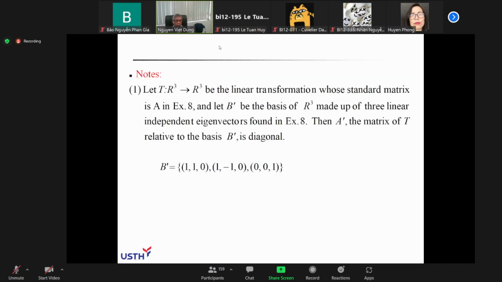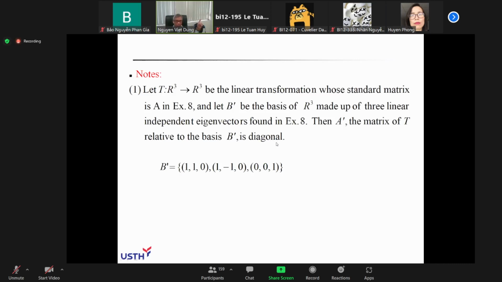So let T from R^3 into R^3 be the linear transformation having the standard matrix as in the previous slide. If you consider B prime, the new basis for R^3 consisting of three linearly independent eigenvectors we found in the previous slide, then A prime, the matrix of T relative to the basis B prime, will be diagonal.